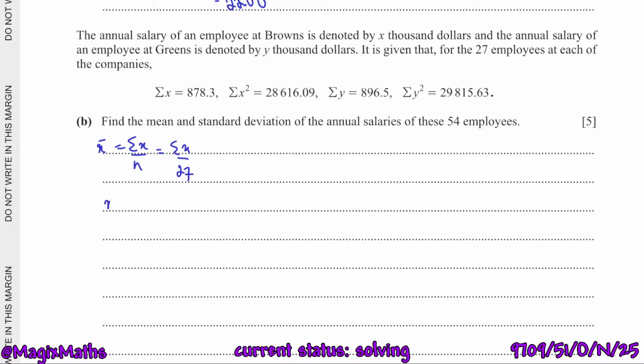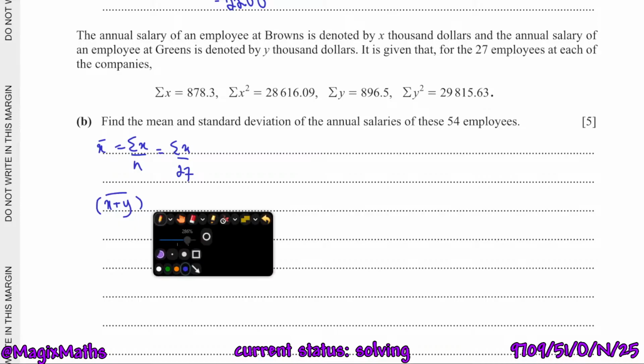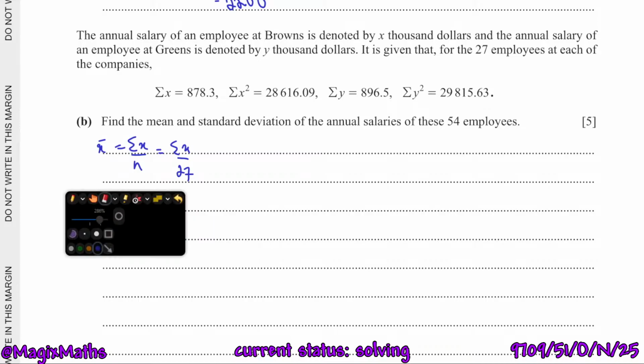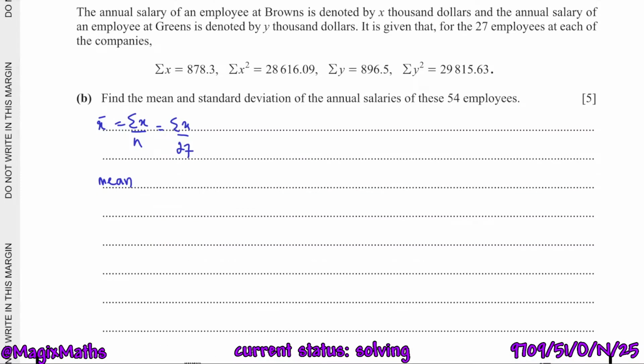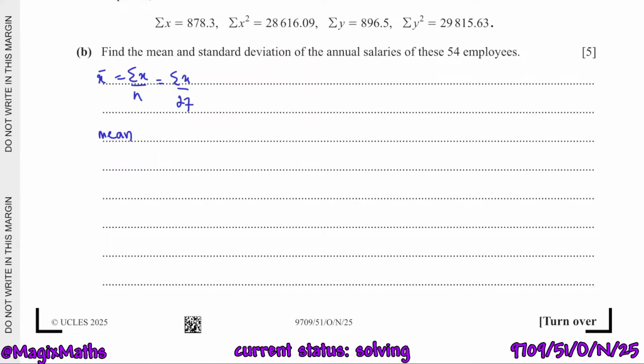But we want to find the mean of these employees. I don't know if that's the correct notation, but let's just put mean. So the mean should be the sum of X plus the sum of Y divided by 27 plus 27, or 54. And then we'll have 878.3 plus 896.5 divided by 54.